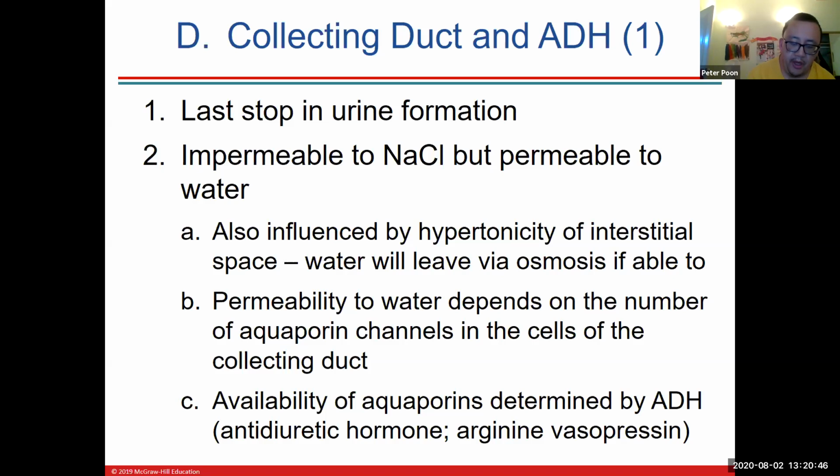Aquaporins are proteins that allow the tube to get rid of water. They're usually not expressed at a very high level, so very little water gets reabsorbed. But under the influence of ADH, antidiuretic hormone, you make more aquaporins. More aquaporins, more water reabsorption.